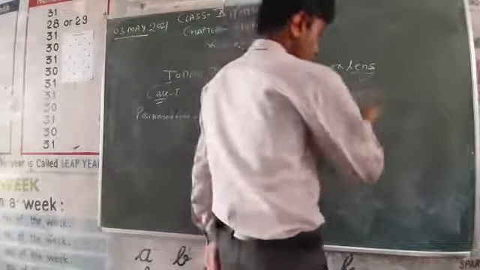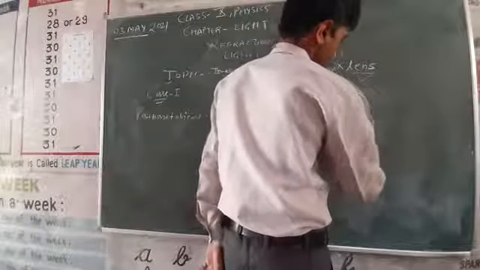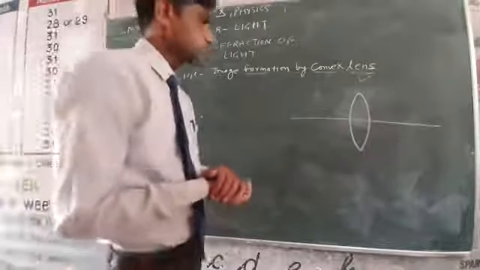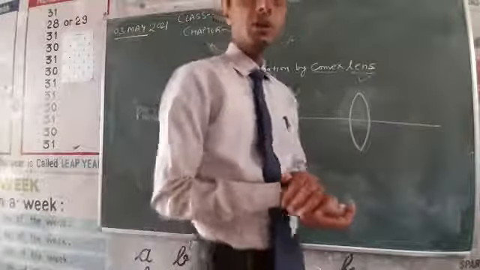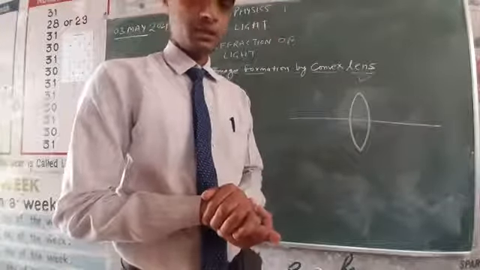As you know, in a convex lens there are two focus points, the first principal focus and the second principal focus.